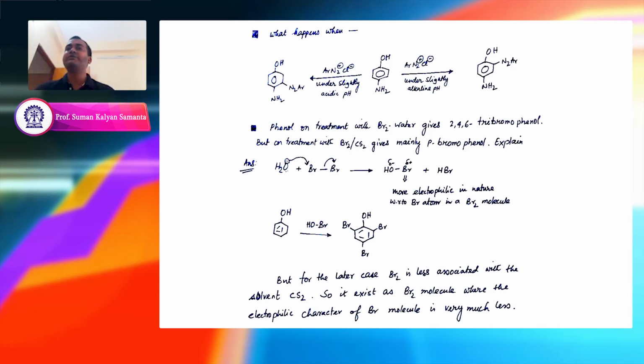I think this reaction you have also done in your first year laboratory. You took phenol, added bromine water, and got a white precipitate, so you already made this product. But when you take bromine in CS2, carbon disulfide, this bromine is less associated with the solvent.